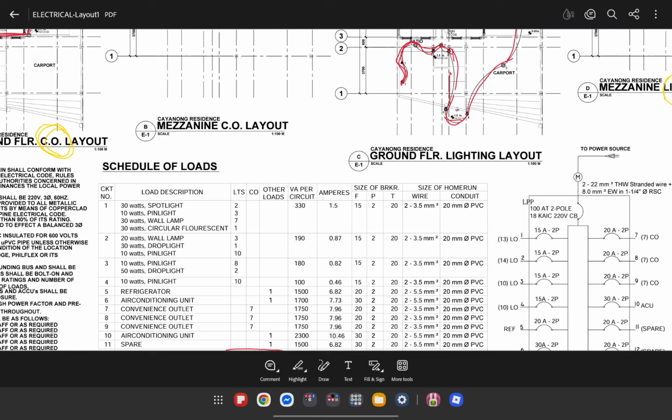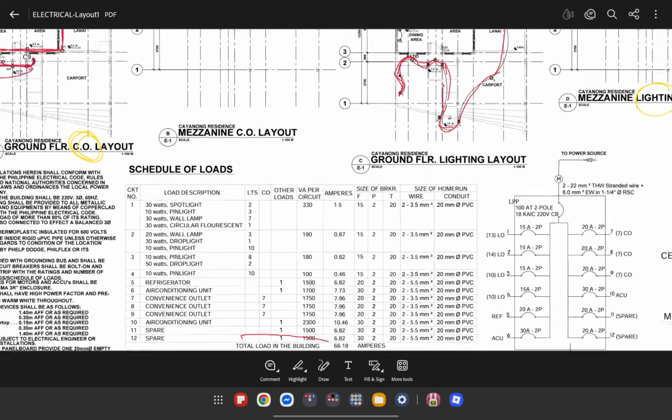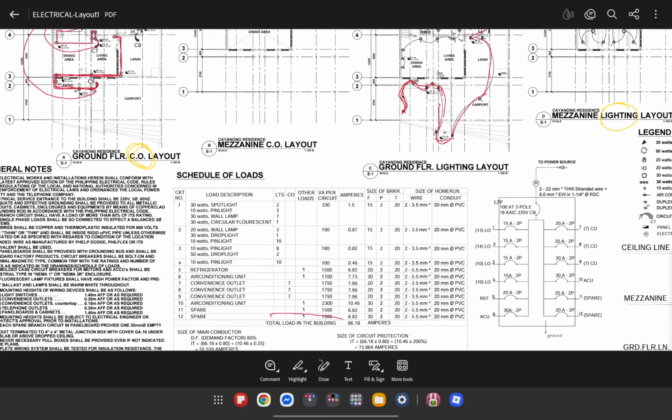This is very essential that we know how to read this, especially for small scale construction such as a residential building. So please do take note of the previous discussion about the ground floor convenience outlet layout, and also for the mezzanine.